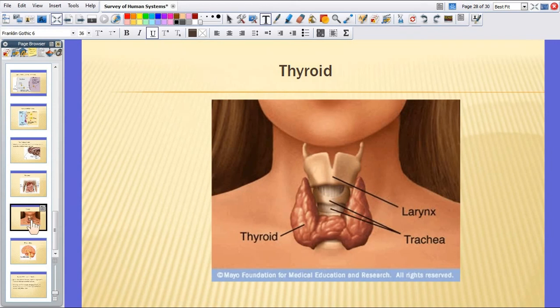This condition makes the metabolism too high. Some of the symptoms of hyperthyroidism can be irritability, nervousness, and weight loss. Too little thyroxine creates the condition called hypothyroidism. Some of these symptoms can be sluggishness, sleepiness, and weight gain.